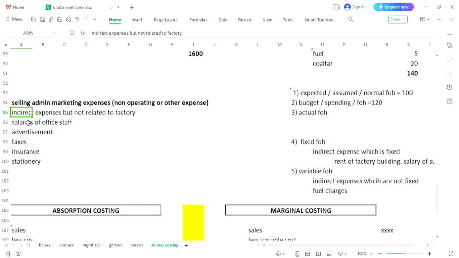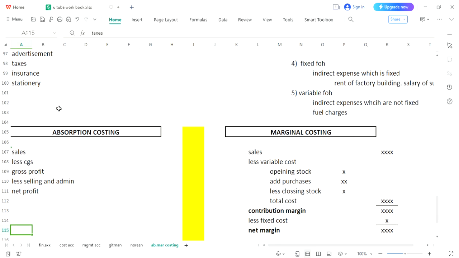So you will be paying these expenses at the office. These expenses have no concern with the factory. Advertisement, no concern with the factory. Taxes and insurance outside the factory. Stationery has no concern with garments. So you will be spending these amounts at the office, not inside the factory. So these are selling and administrative expenses.